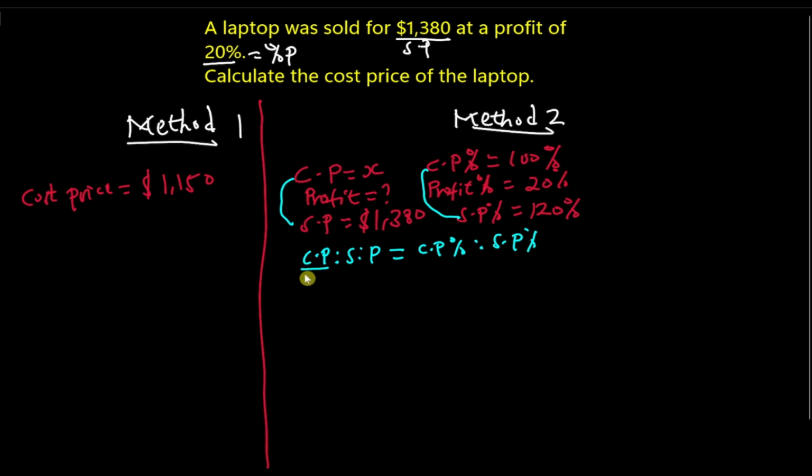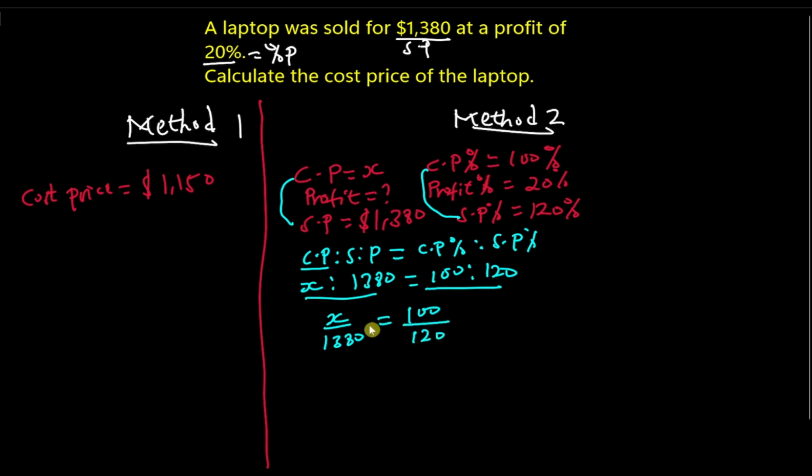The cost price is x, the selling price is 1,380, the cost price percent is 100, the selling price percent is 120. So let's change these into fractions. x over 1,380 is equal to 100 over 120.